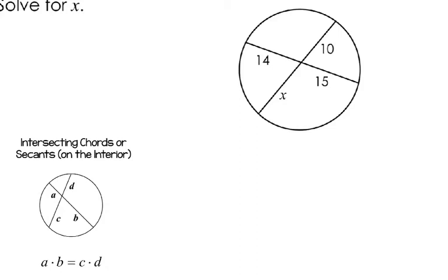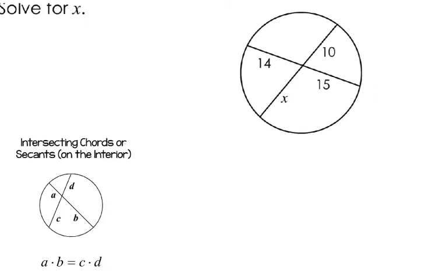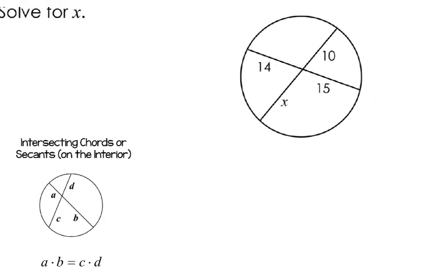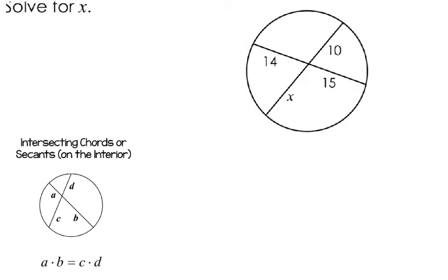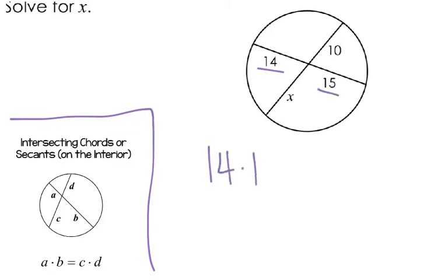Alright, let me move this one over because I can't really see. Oh, I just cut it off really weird. Alright, so we want to find what x equals, and so down in the left-hand corner over here, I put the formula that you would use, so hopefully this makes sense. So this says that I'm going to multiply the two that are beside each other, so 14 times 15, and that's going to equal the other two that are beside each other, so x times 10.